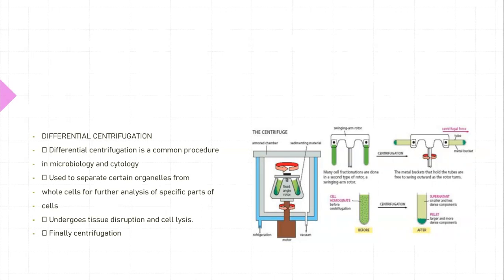Before centrifugation, there is cell material present in the blood. After centrifugation, all of the cellular material which was suspended in the blood gets collected at one place, and you get the serum or the plasma.